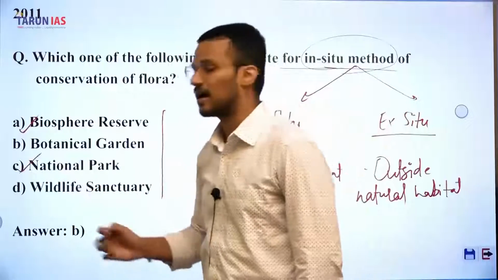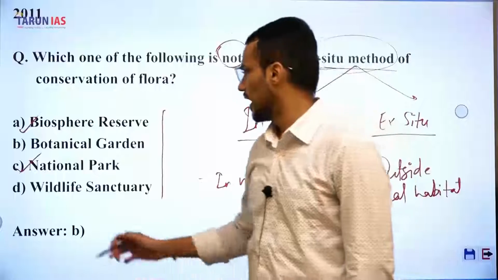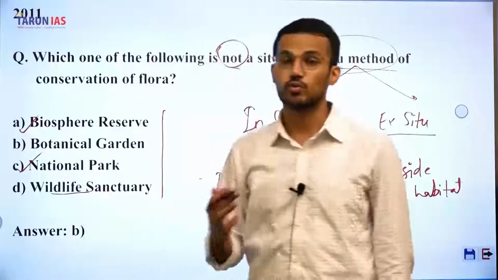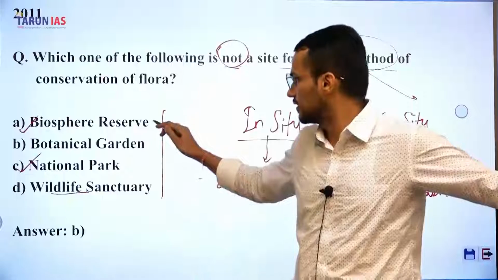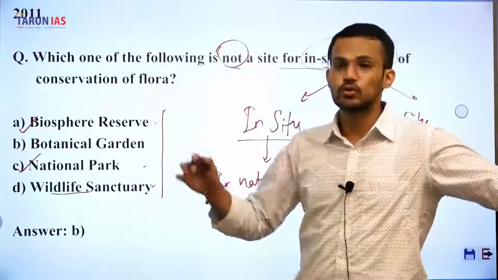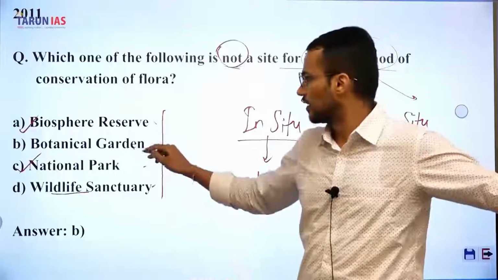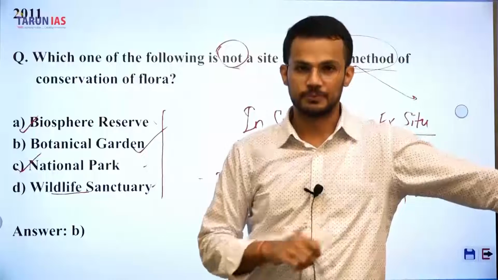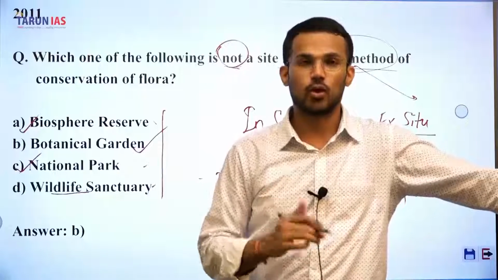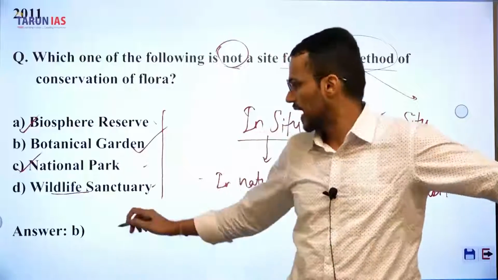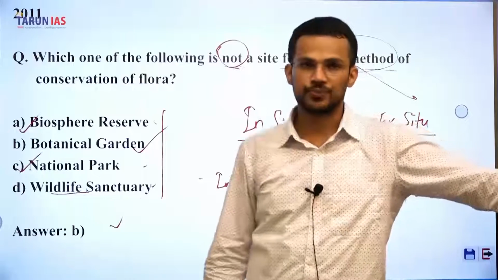Similarly, national parks are an in situ conservation method and wildlife sanctuaries are also one of the important protected areas. That's why all these three are in situ conservation methods. But on the other hand, botanical garden is an ex situ method of conservation. And that's why the answer is B.